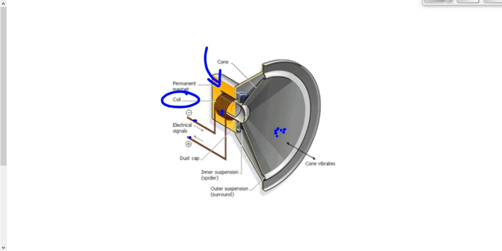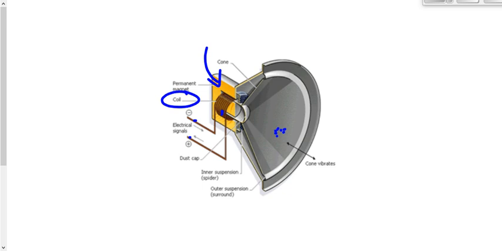The movement of the magnet is proportional to the magnetic field, which is proportional to the current, which is proportional to the original sound, which causes a cone to vibrate back and forth, which causes my eardrum to vibrate back and forth, which is ultimately proportional to the original sound.